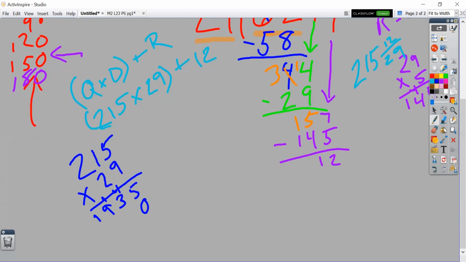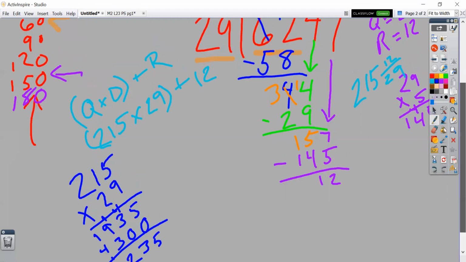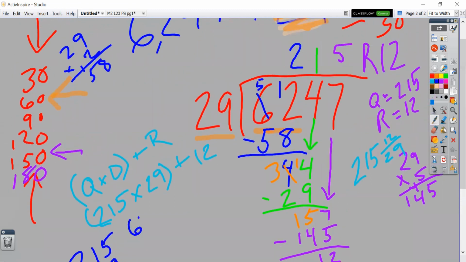Place my 0 to work with the tens. 2 times 5 is 10. 2 times 1 is 2, plus that 1 is 3. And 2 times 2 is 4. Adding up, we get 6,235. Plus 12, and that would be 6,247.